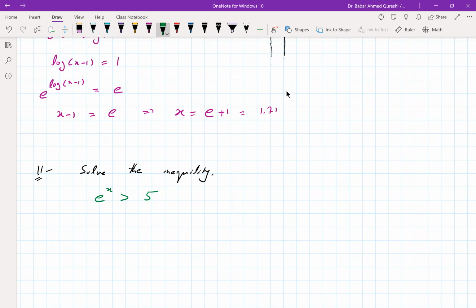Now, if I'm given some inequality, like a is greater than b, and you are given a function f, so apply f to a and b, given that they are both in the domain.